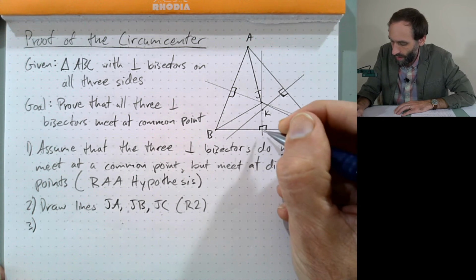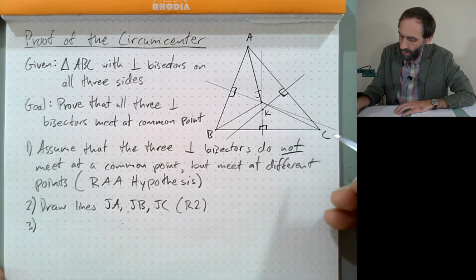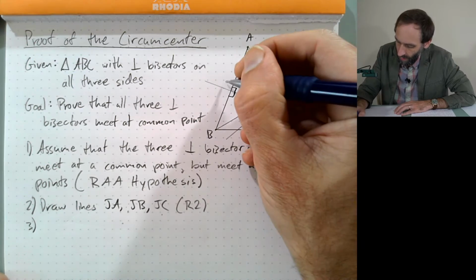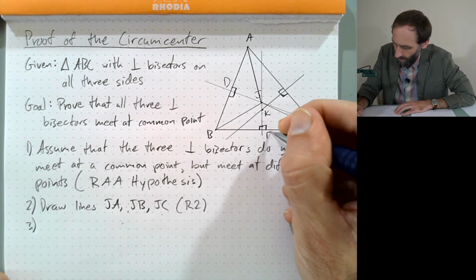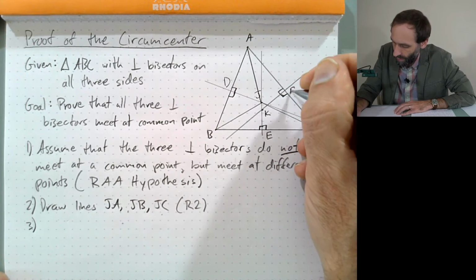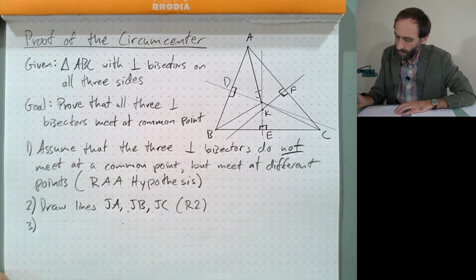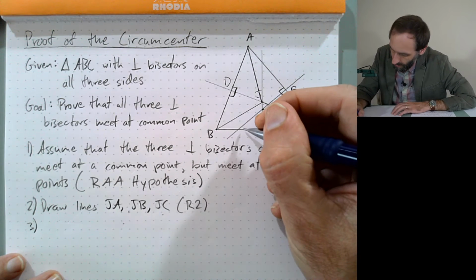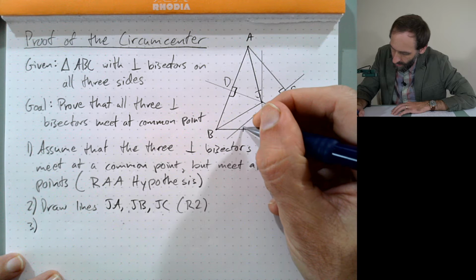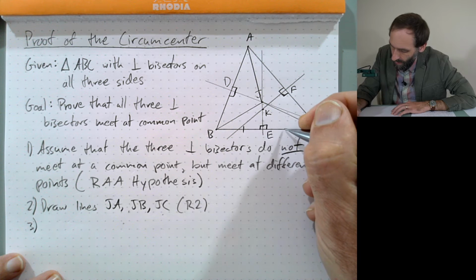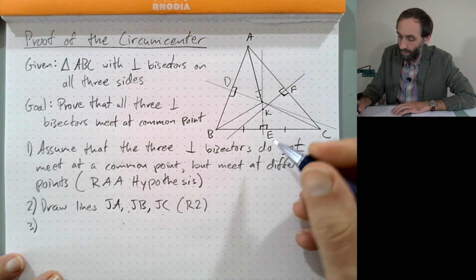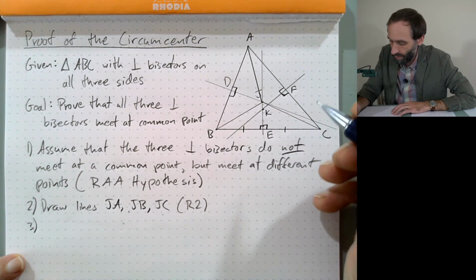We're going to want to label these 3 points as well. So let's label them D, E, and F. Moreover, this distance here is equal to this distance here because this is a bisector.